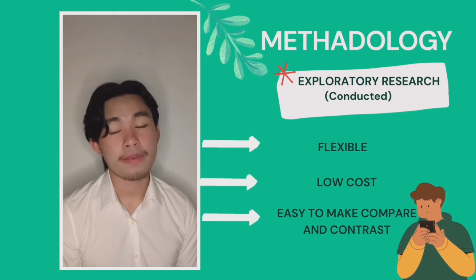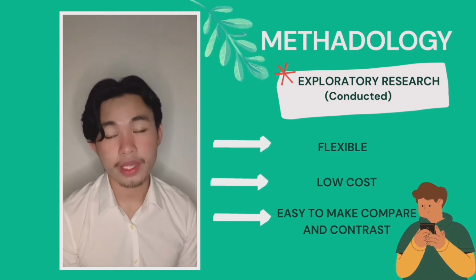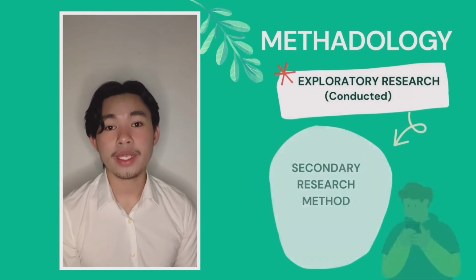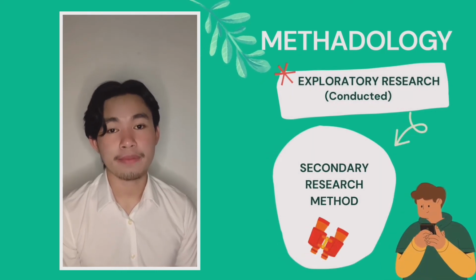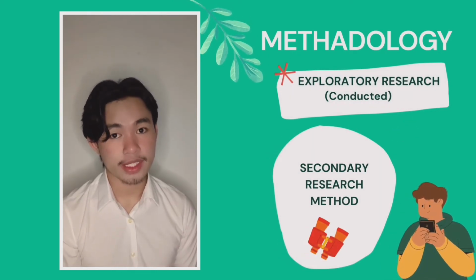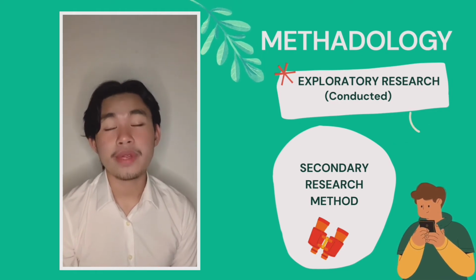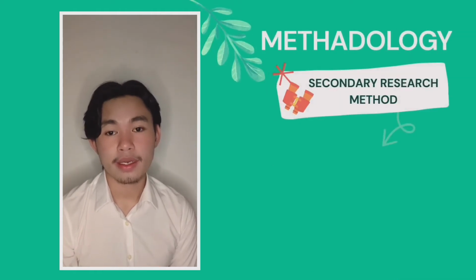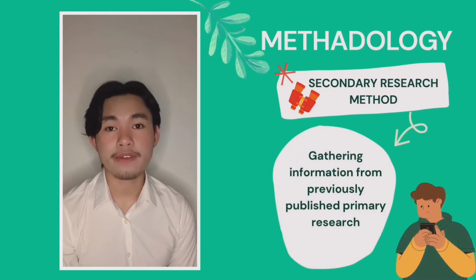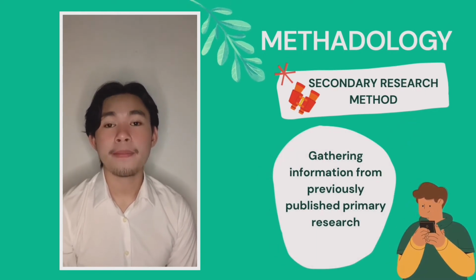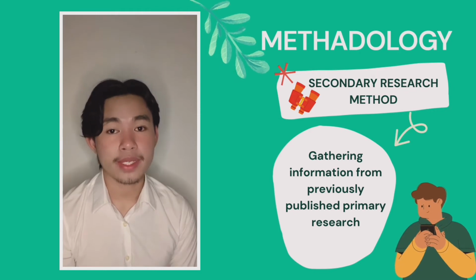Based on our preferences while undergoing the research, the secondary research method was the best method for us to complete our assessment. The secondary research method is gathering information from previously published primary research.